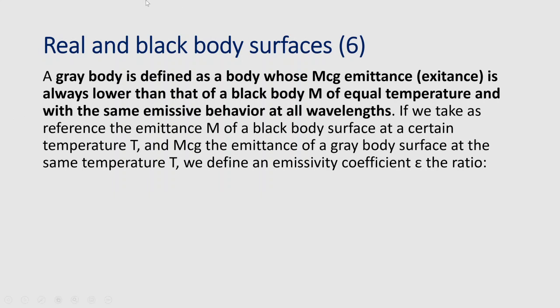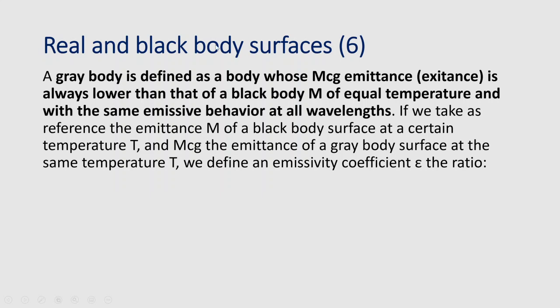So a gray body is defined as a body whose emittance M_g, that is the excitance of a gray body, is always lower than that of a black body M at equal temperature and with the same emissive behavior at all wavelengths. So they defined at the same time the black body and everything that is not a black body. All the real bodies are called gray.